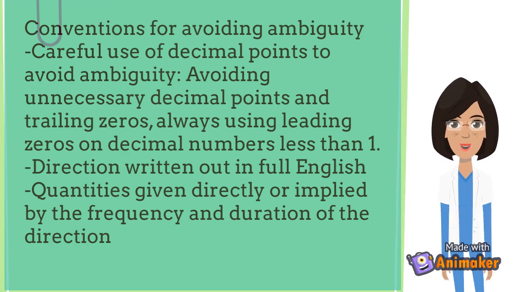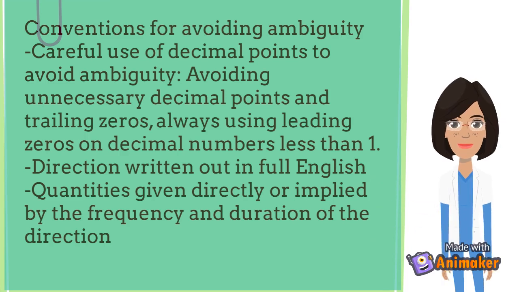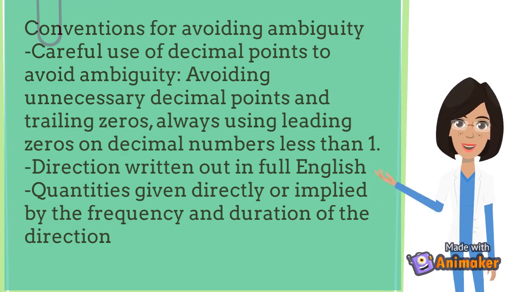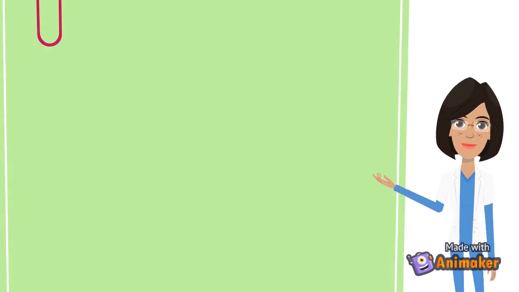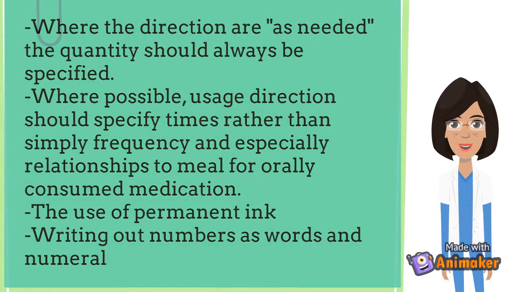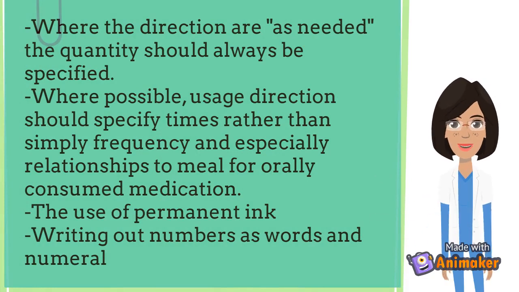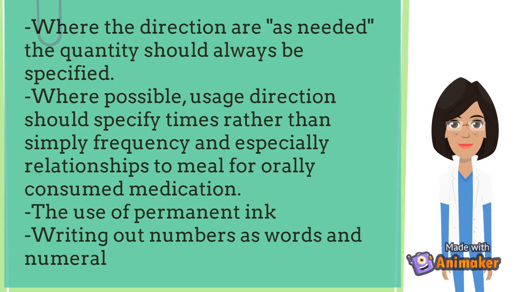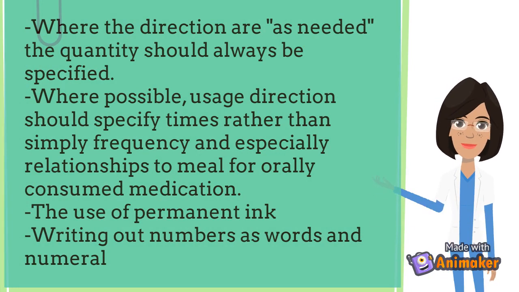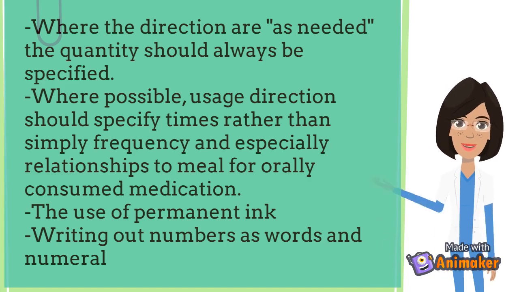Directions written out in full English. Quantities given directly or implied by the frequency and duration of the direction. Where the directions are as needed, the quantity should always be specified. Where possible, usage directions should specify times rather than simply frequency, and especially relationship to meal for orally consumed medication.